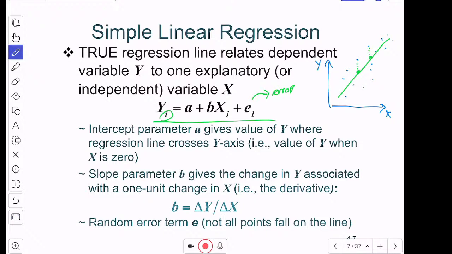So it's called E when I make the true regression line, which I can't make because I don't have the population data, but this is what we try and estimate. This is what our goal is. And in fact, there will be an actual error if we had all the real information.